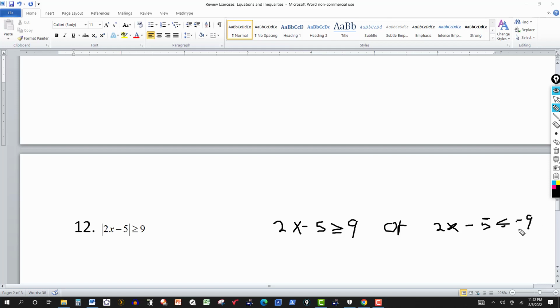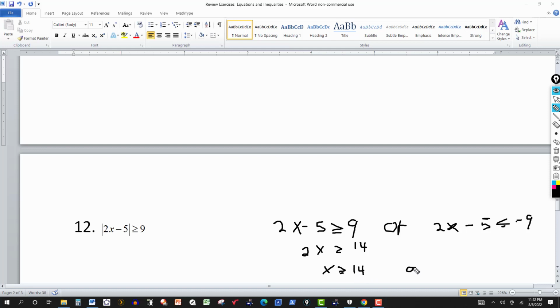So we got 2x minus 5 greater than or equal to 9, or 2x minus 5 less than or equal to -9. So we add 5 to both sides. 5 and 9 is 14, divided by 2 on both sides, x would be greater than or equal to 7.